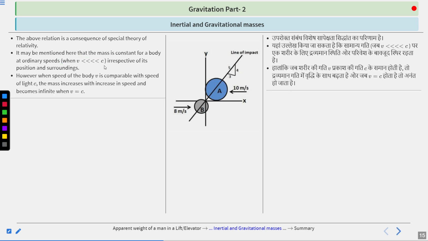However, when the speed of a body v is comparable with the speed of light c, the mass increases with the increase in speed and becomes infinite when the velocity becomes equal to the speed of light.